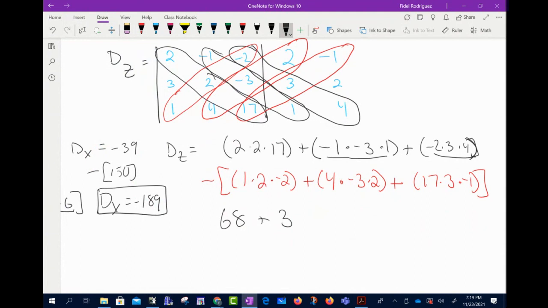Negative 2 times 3 times positive 4 is a negative 24. Minus, let's see, that's a negative 4 right there. 4 times 3 is 12, times 2 is 24. That's a minus 24 right here. And then 17 times 3 times negative 1 should be a negative 51.